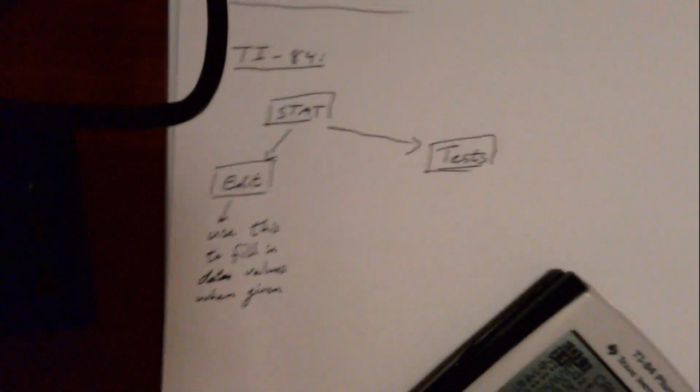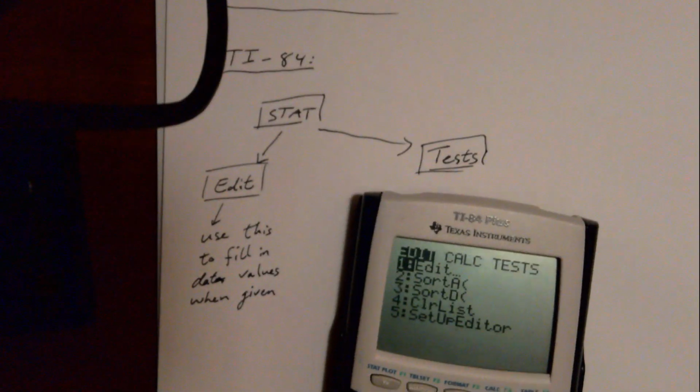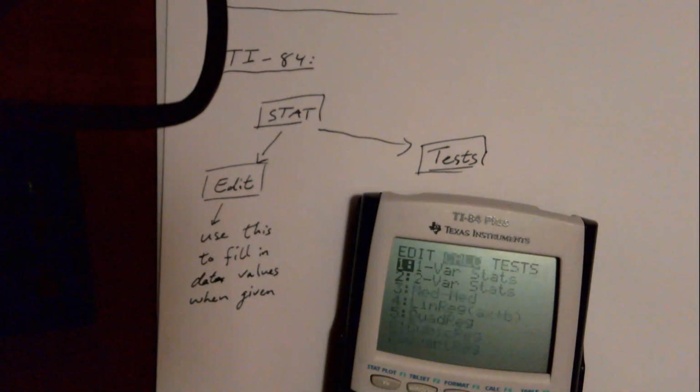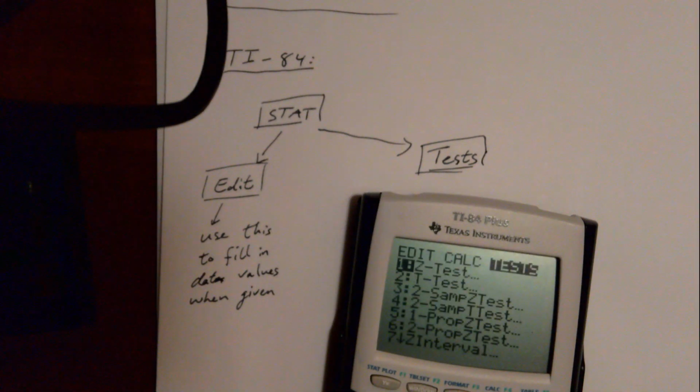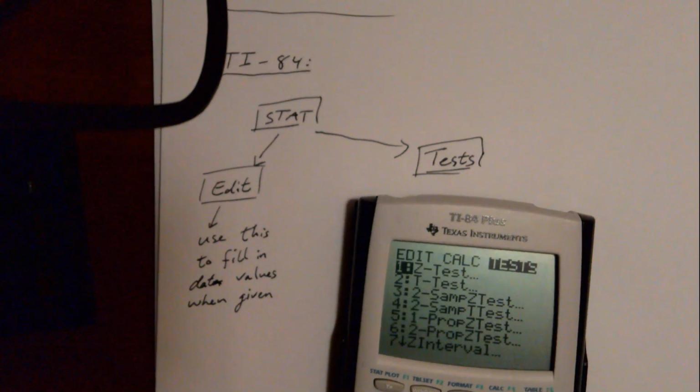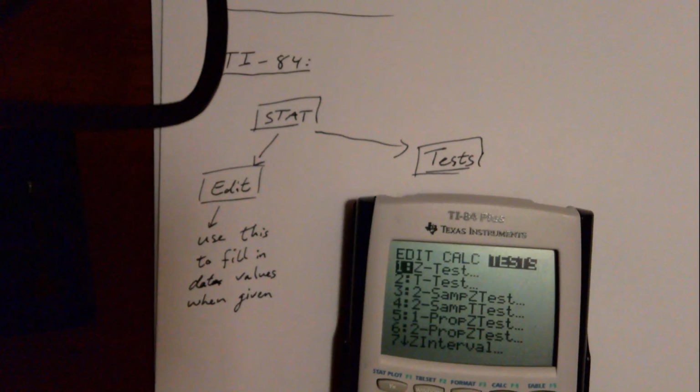Okay, taking a quick look here. Go to tests. All right, tests is now selected, and here we have a bunch of options, and they are starting to make a little bit of sense, at least some of them. We have a z-test, a t-test, and these ones we'll learn about shortly. And then down here we have a one proportion z-test.